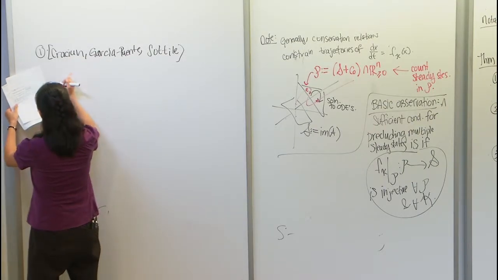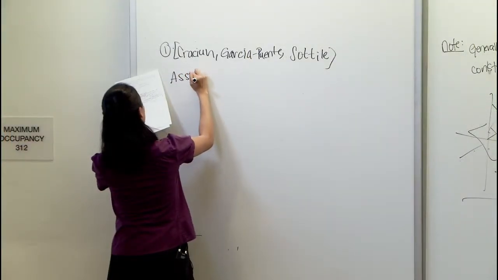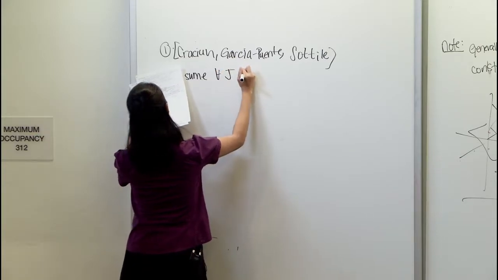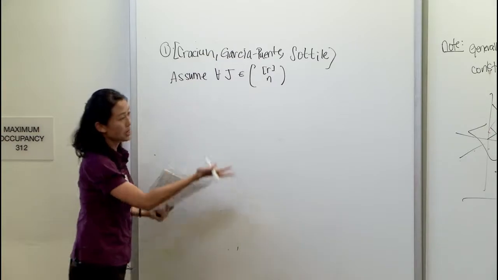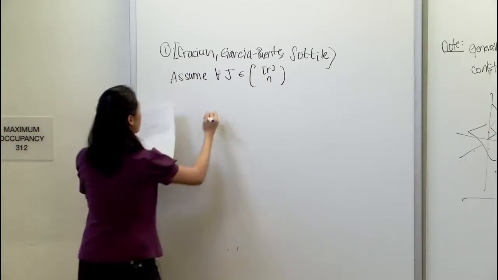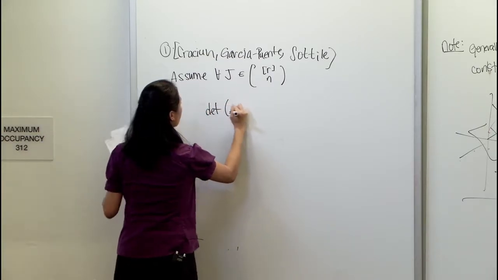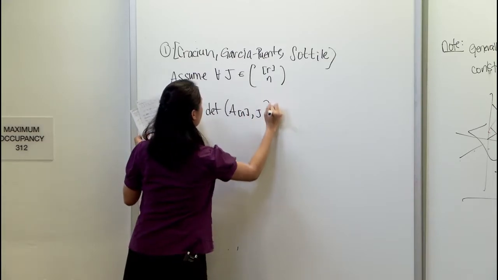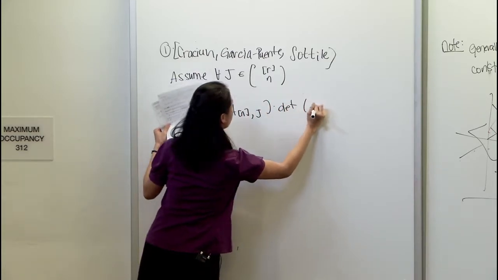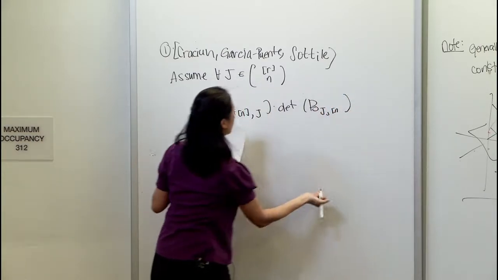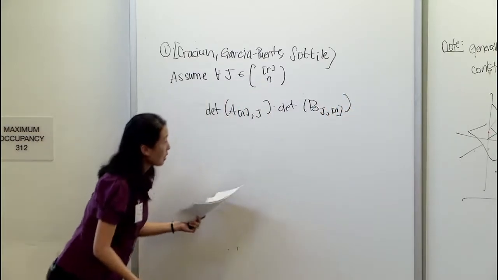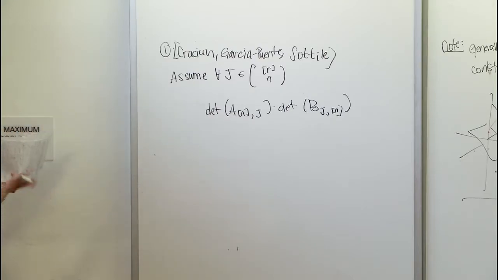So assume that for all J, so again, we're looking at subsets of size n, where n is the rank, these determinants, determinant of B sub J, n. Again, want to say they should all have the same sign, or they should be 0.